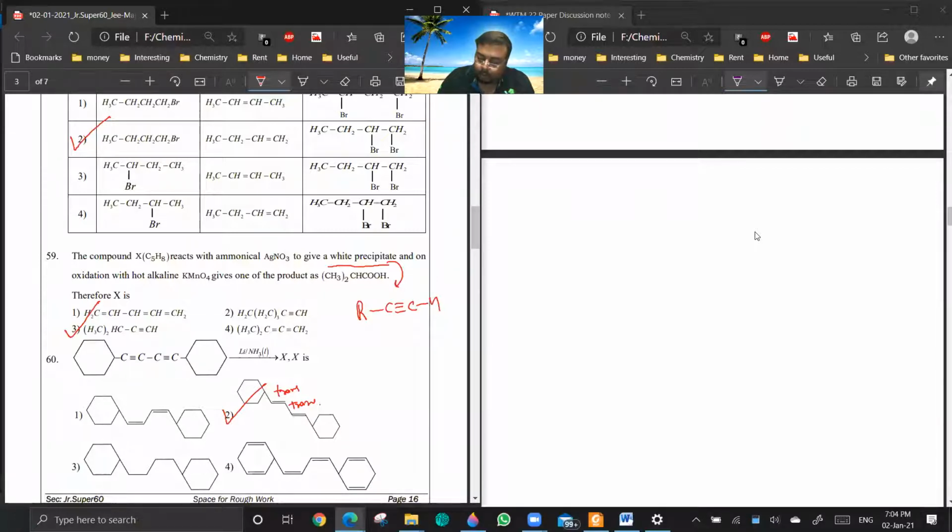Now on treatment with cold alkaline KMnO4, what will happen? This will break down. You'll be getting CO2 plus RCOOH. This is the R group. R is isopropyl group. It is something like this. Getting a point? Yes, sir. Okay. Any other doubt in this paper?